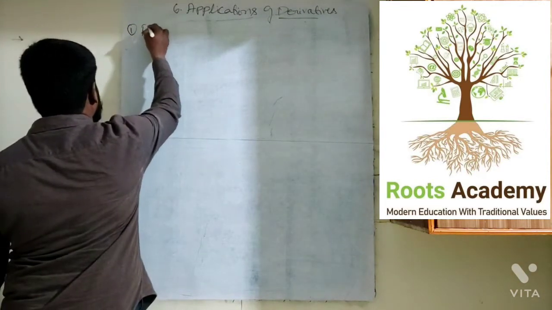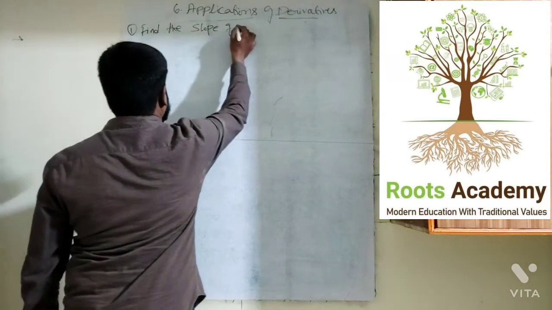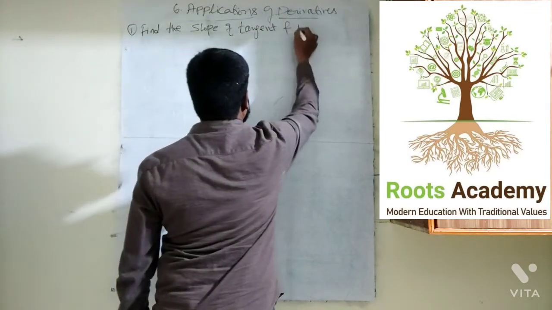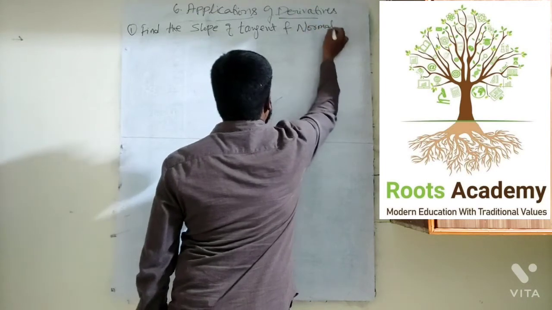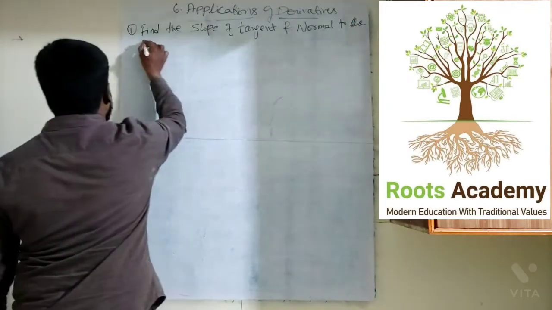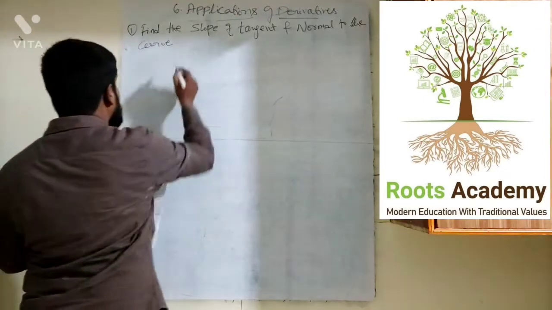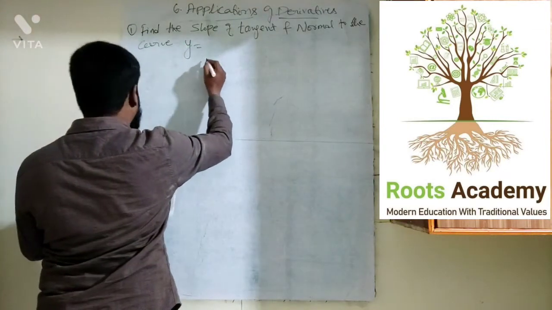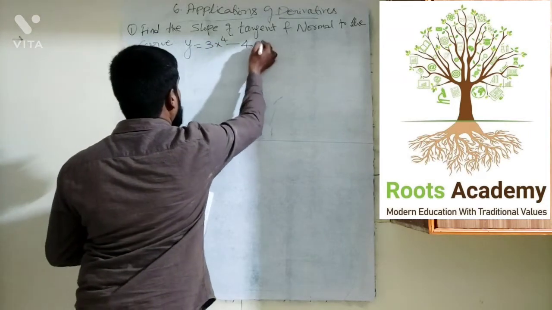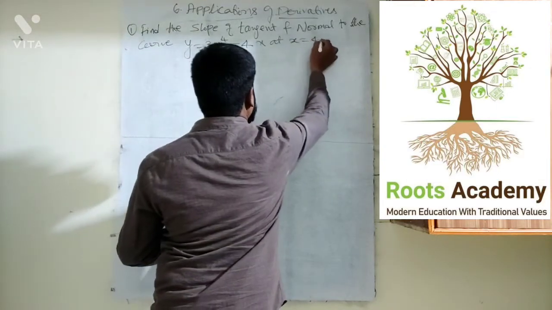Find the slope of tangent and normal to the curve y is equal to 3x power 4 minus 4x at x is equal to 4.